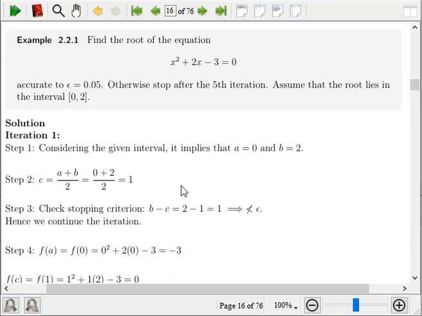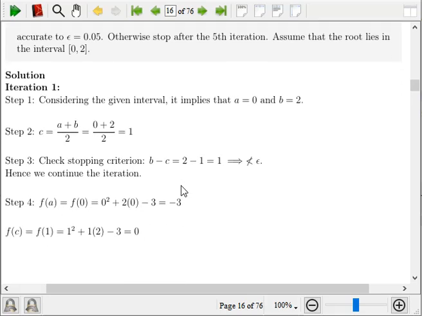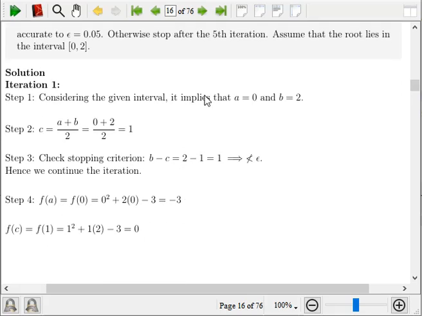So straight to our solution. Iteration 1, we determine the interval first, and the interval is 0, 2. So A is 0 and B is 2. Then we find C, that is step 2: the midpoint, this plus that over 2, that is 1, that is C. Step 3 is to check the stopping criterion, B minus C. This is B, which is 2, this is C, which is 1.